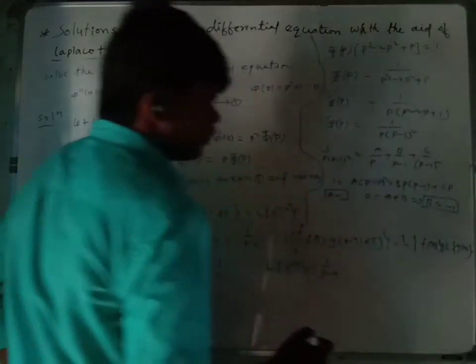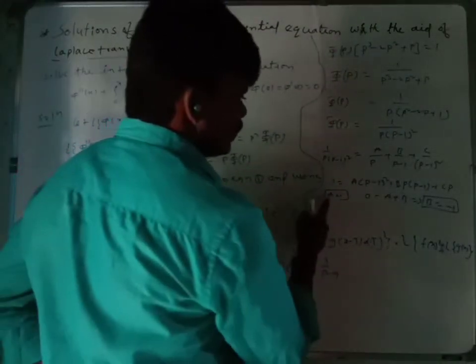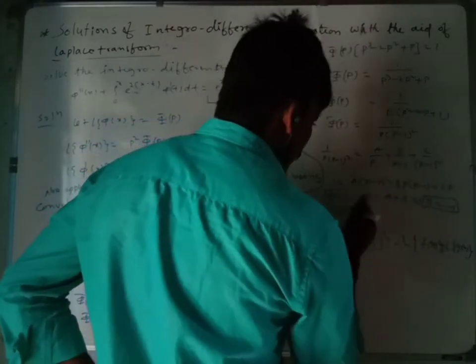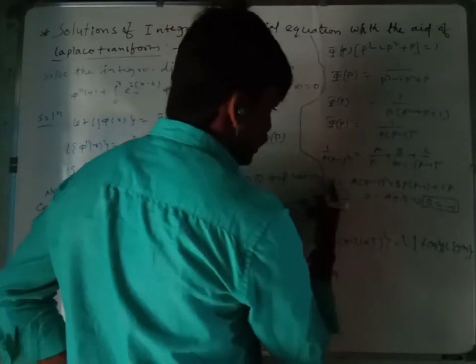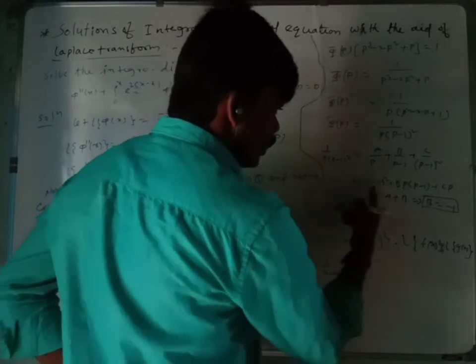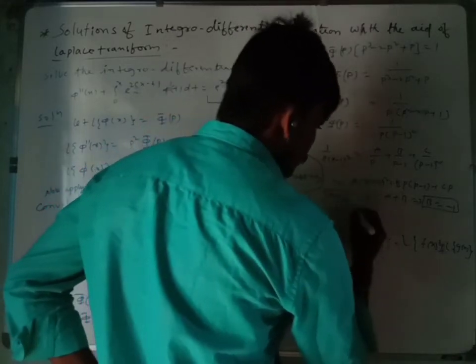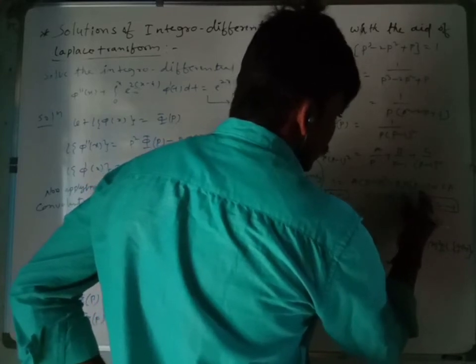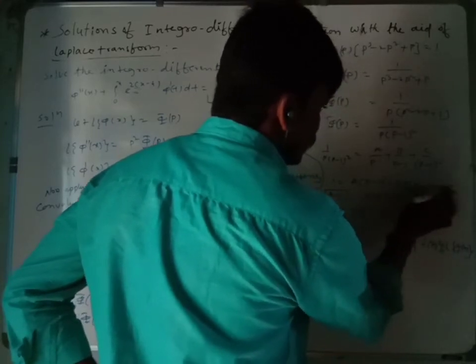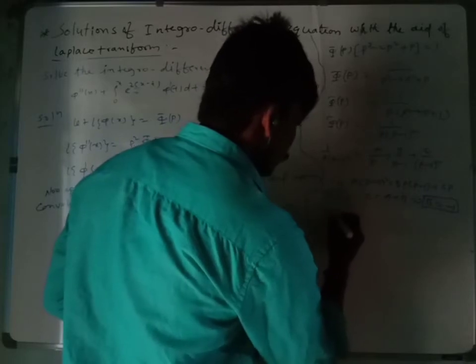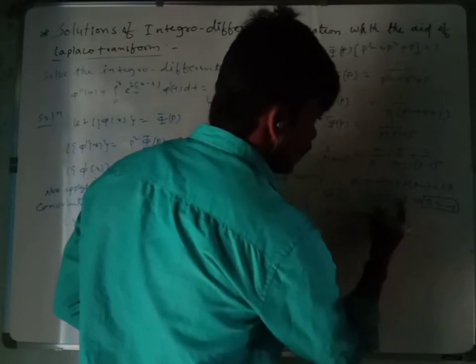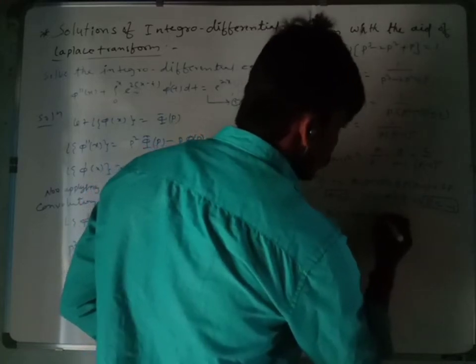Now comparing the coefficient of p. On the left-hand side the p coefficient is 0. Here 2p is there, which means minus 2a, and there is no other p coefficient except c. So 0 equals minus 2a minus b plus c.